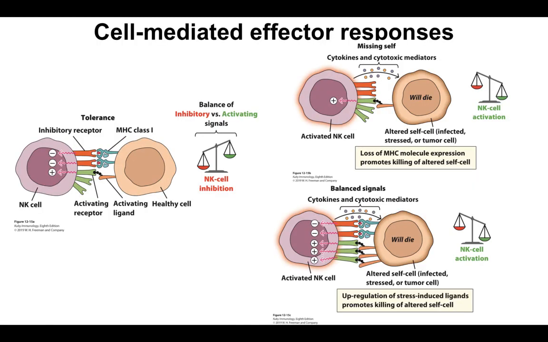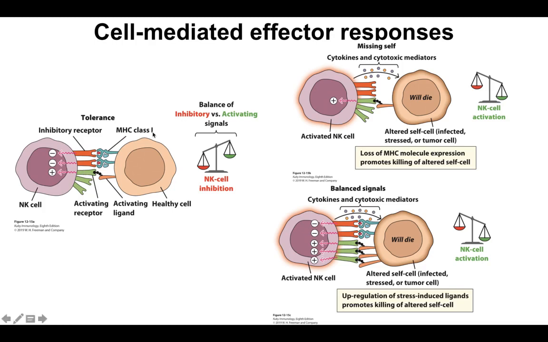Natural killer cells can also be activated by this balance of inhibitory and activating signals. A natural killer cell that's not going to kill a host cell will get more inhibitory signals than activating. Inhibitory signals come from MHC class 1 binding to inhibitory receptors on natural killer cells.